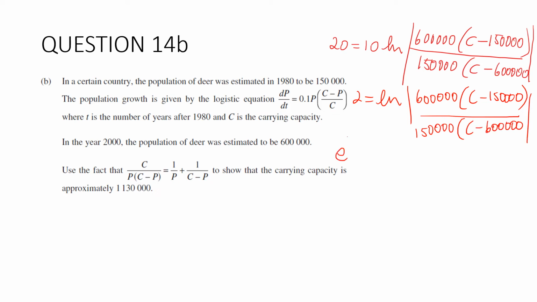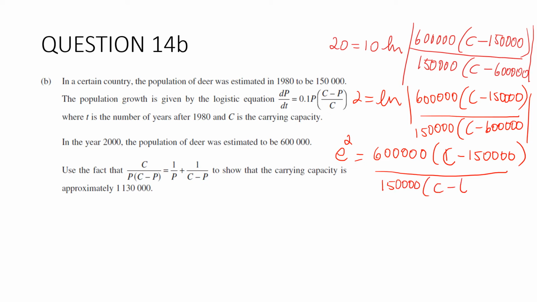So e to the power of 2 will equal 600,000 (C take away 150,000) all over 150,000 (C take 600,000).